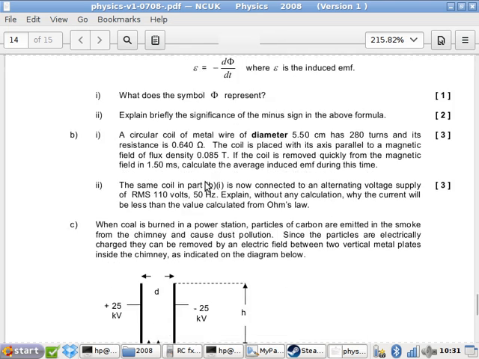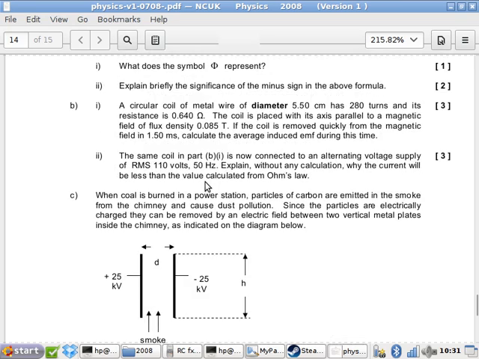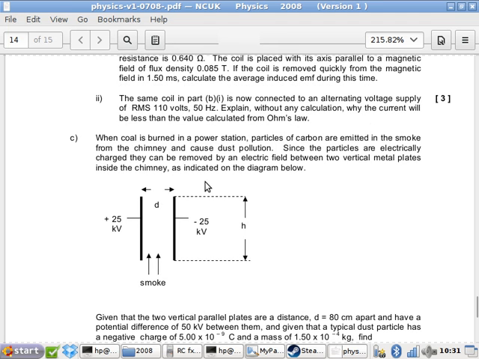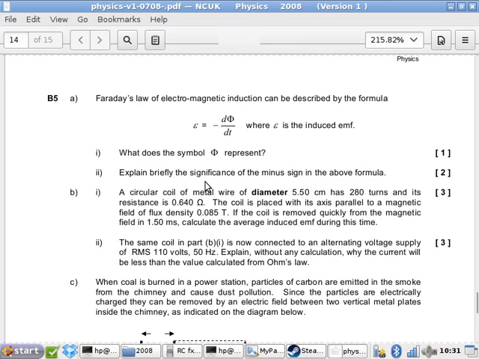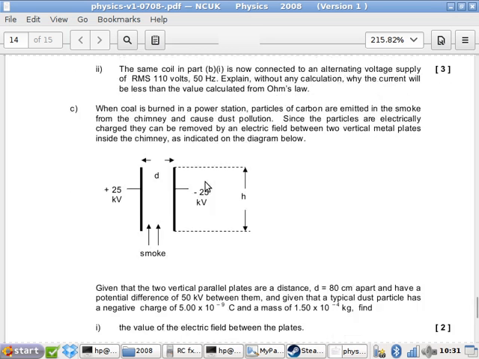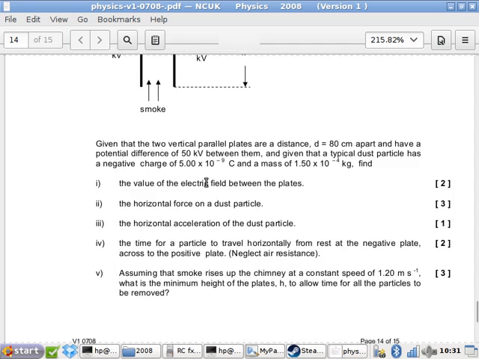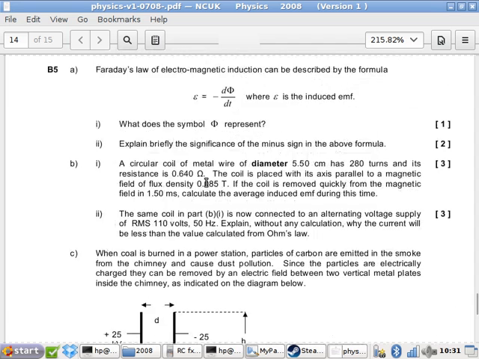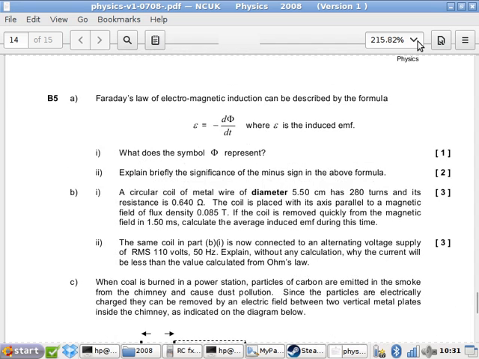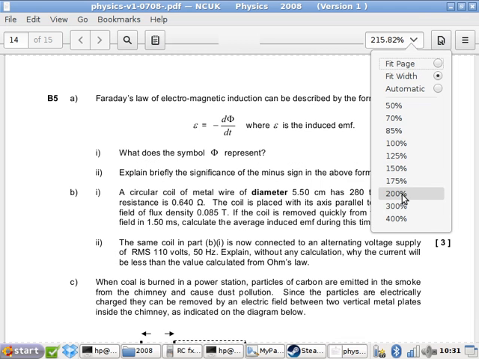Can you say rapper for the question? The question is rapper. No. I don't want to do this part. I'm so sick of this smoke question. I've seen it so many times, and we did it in class. It's a pain. Let's just look at the A and the B part here.